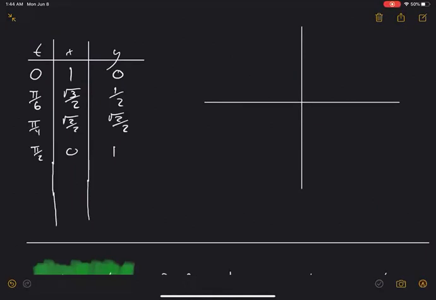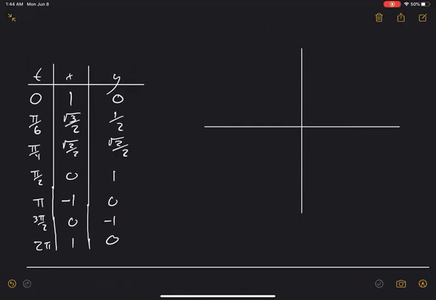Let's see, how about jump to pi. At pi, I'm at -1, 0. At 3 pi over 2, I'm at 0, -1, and then we'll do 2 pi. At 2 pi, we're at 1, 0. Okay, so this should be enough points to get an idea of what's going on.